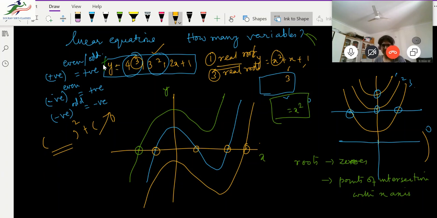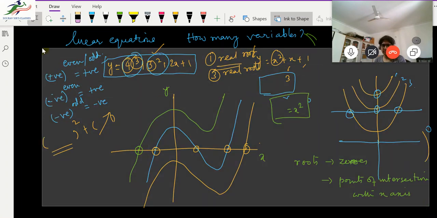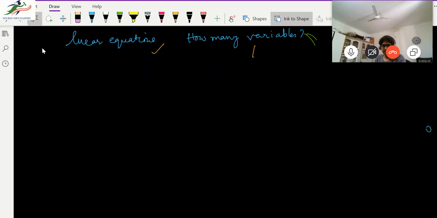Correct. That will depend on the coefficients, right? Let me clear this. So again, we can visualize this in the generic form: ax cube plus bx square plus cx plus d.